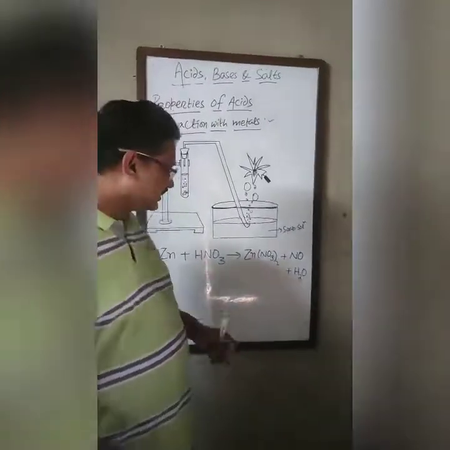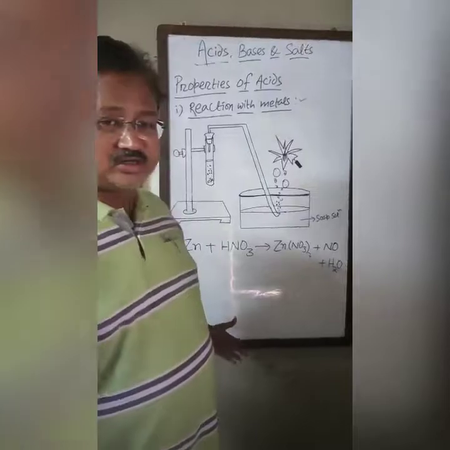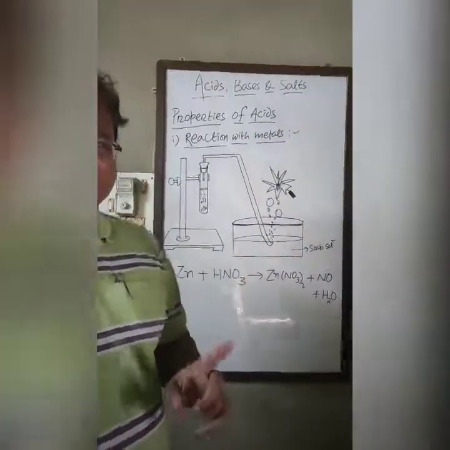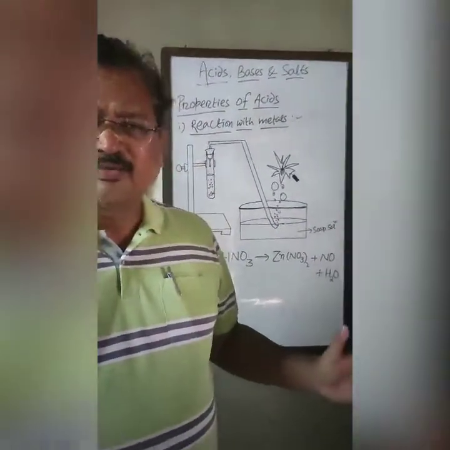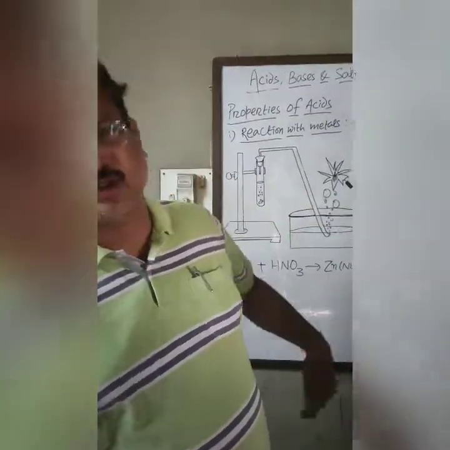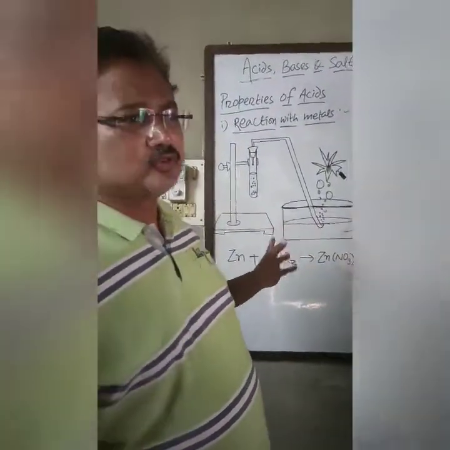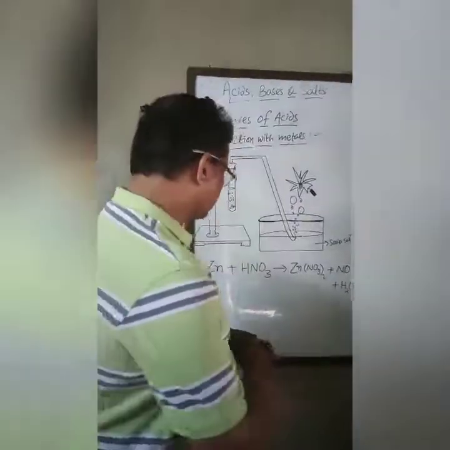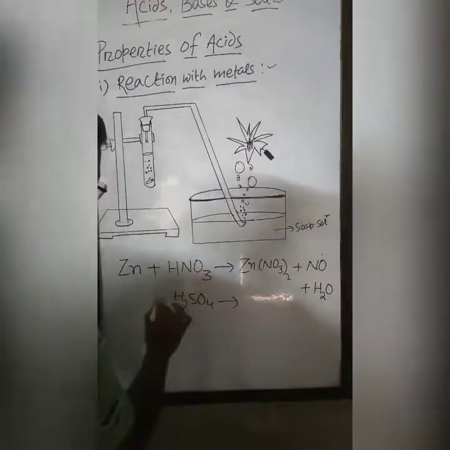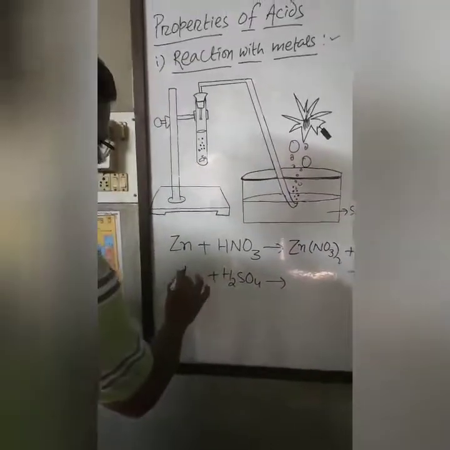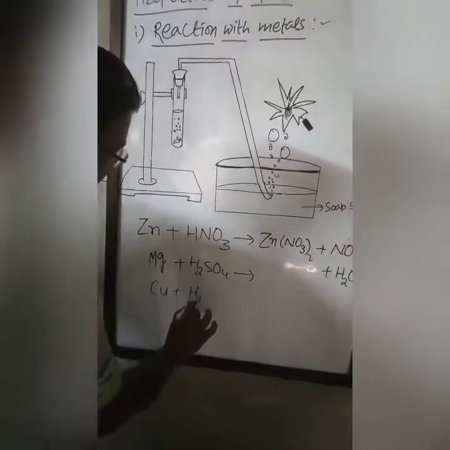Now suppose, taking the same metal, we have altered the acid. Remember that in the case of nitric acid, hydrogen gas will not evolve because it is an oxidizing agent, and that is why hydrogen gets oxidized to water. Now suppose we take some other metals, with sulfuric acid still remaining, let's say magnesium and copper.